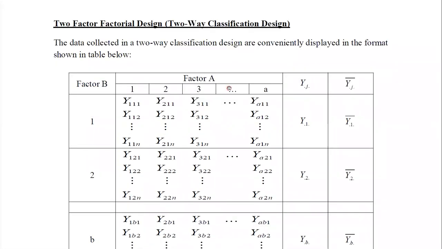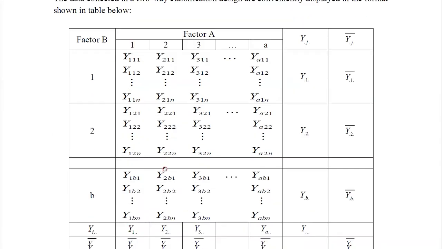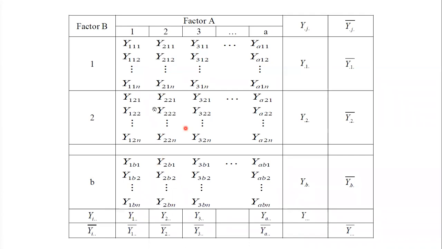I am naming them factor A and factor B. Factor A may have a number of levels, while factor B has b number of levels. And this is the format that we use to represent the data.